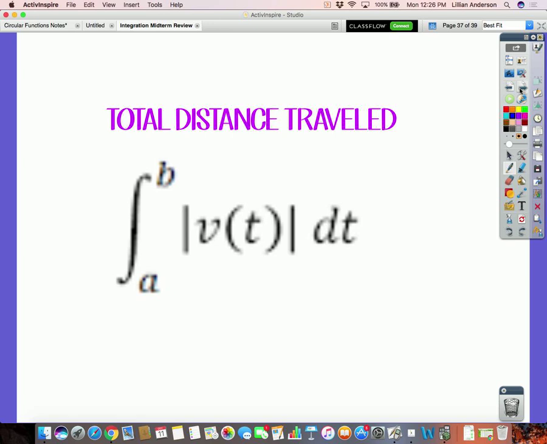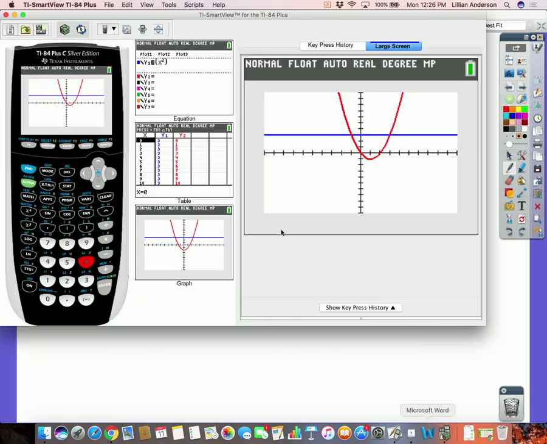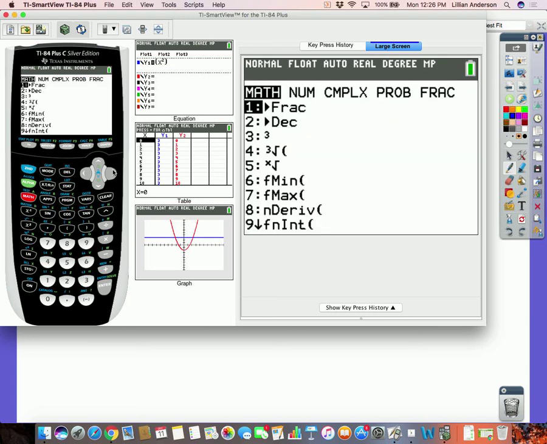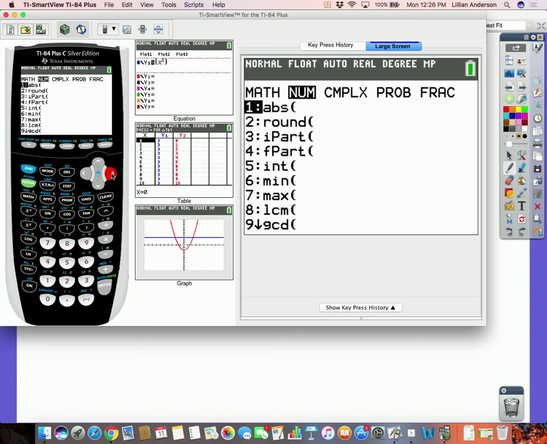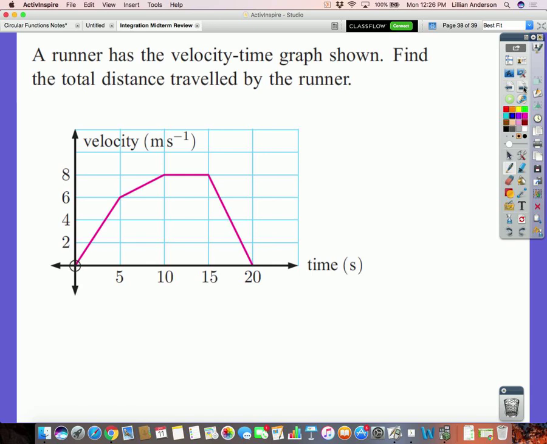Okay? Real quick, where's absolute value located? Math, and then number. So when you want to do the total distance traveled, you would go math 9, and then when it came time to type in your function, you would go to math and then number, and there's absolute value right there. Okay?